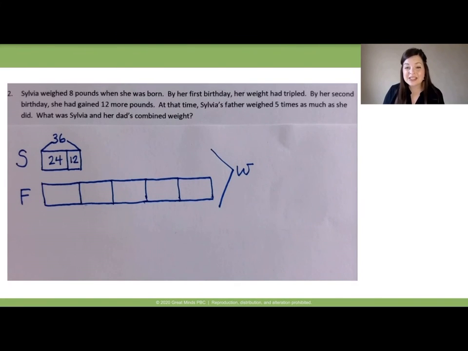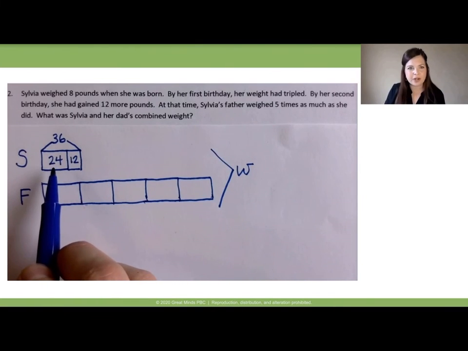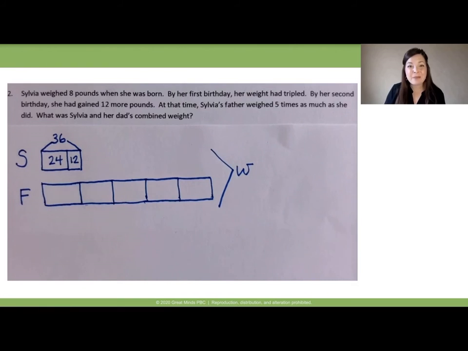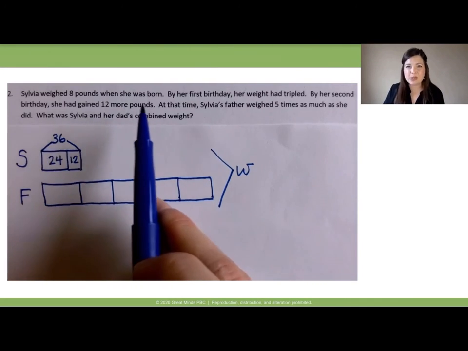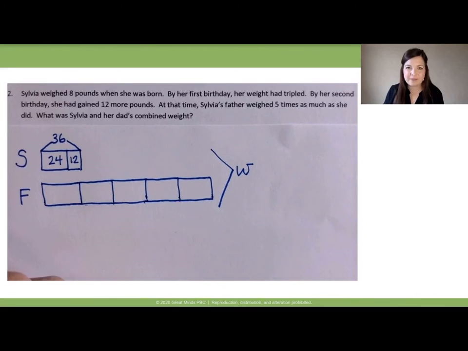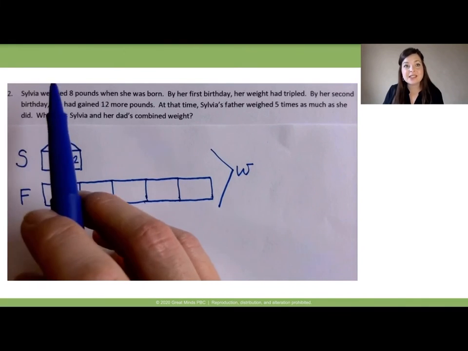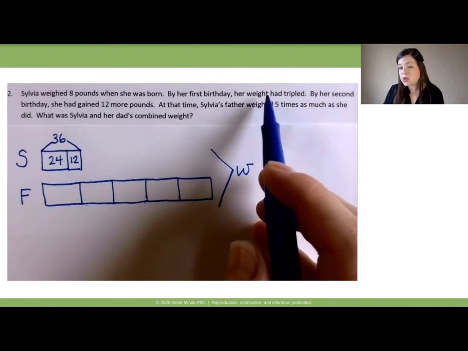Now, let's talk about how this tape diagram represents all the information in the story. Where does this 24 come from? What does it match in the story? Pause the video to talk out your thinking. In the story, we don't see the number 24 written anywhere, but it represents Sylvia's weight once it had tripled.